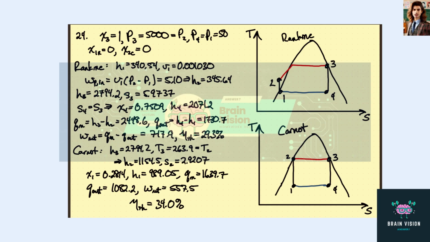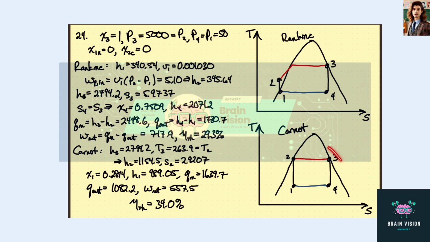In the ideal Rankine cycle, we go from saturated vapor at the exit of the boiler to saturated liquid at the end of the condenser.